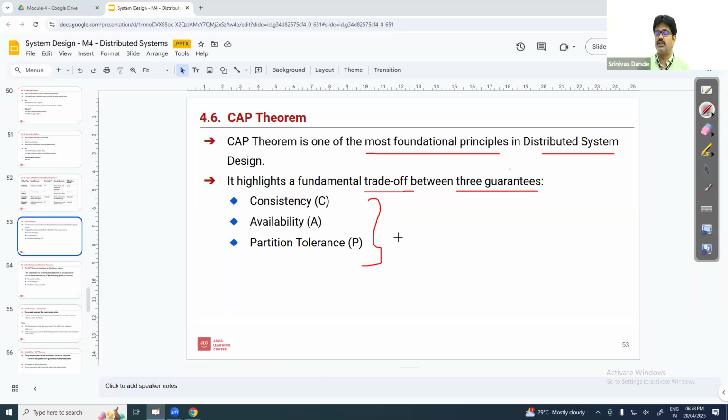C is consistency, A is availability, and P is partition tolerance. You can also call it network partitioning. Three things: consistency, availability, and partition tolerance. So what does the CAP theorem tell, by seeing the screen, what do you understand? Why the CAP theorem?